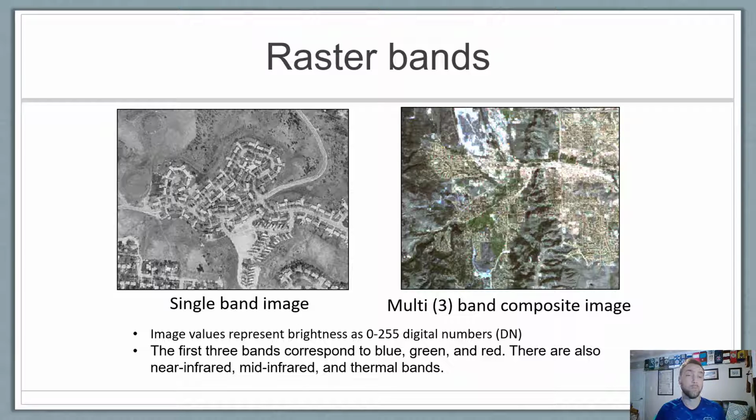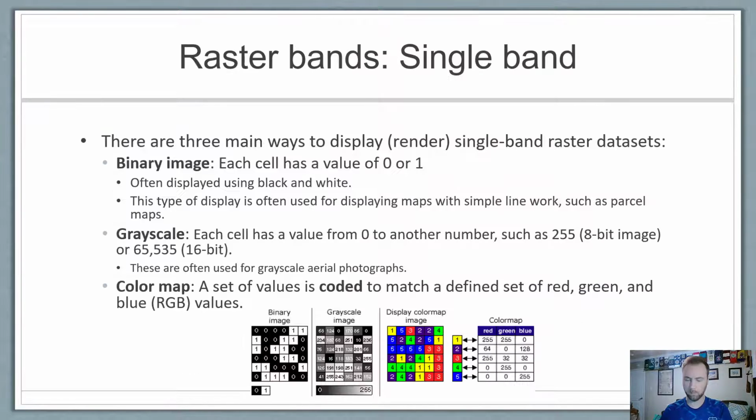And infrared as well, looking at heat signatures. So these multi-bands are useful for remote sensing, not just what the Earth looks like with the naked eye, but pulling out other information that is not necessarily visible with the naked eye. So there are near infrared, mid-infrared, and thermal bands as well.